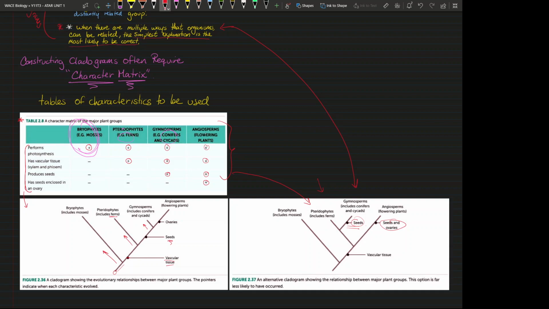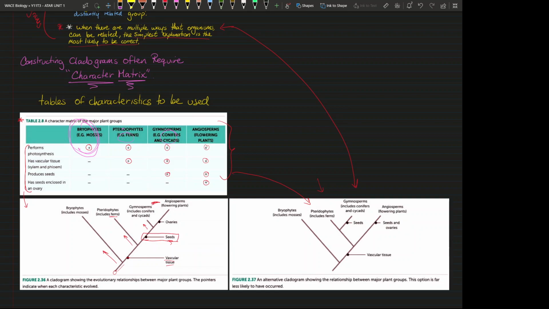So it's best, if we go back to this section here, to have seeds evolving once in these two organisms than to say that you have two organisms that evolve seeds independently, right? So this is what the third claim stands for, right?